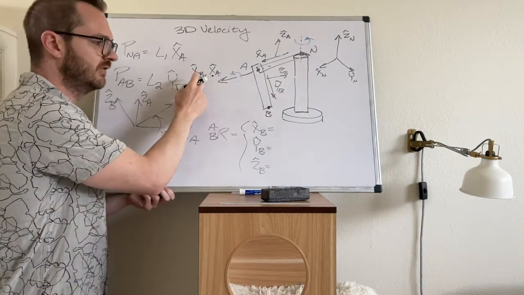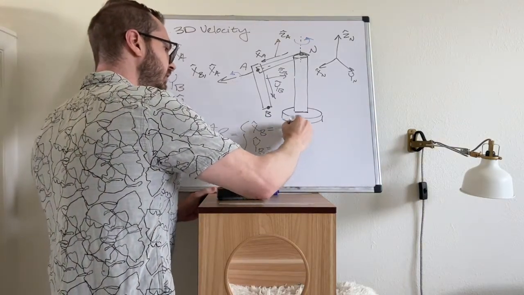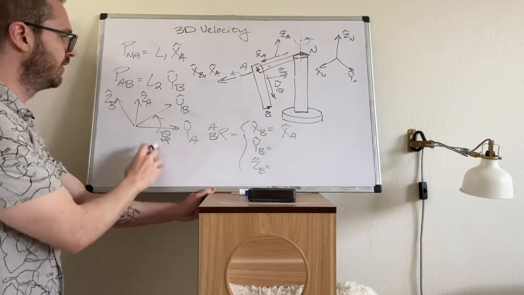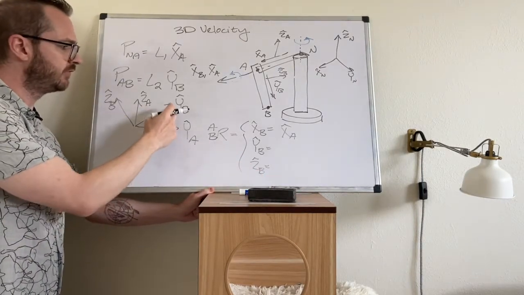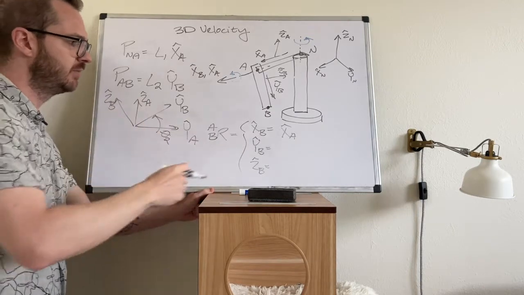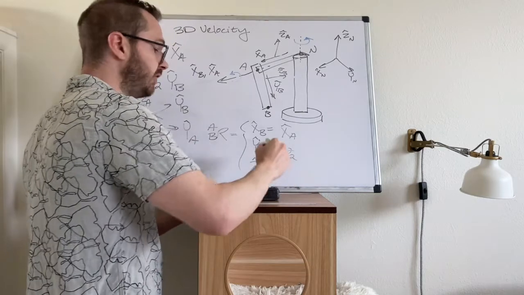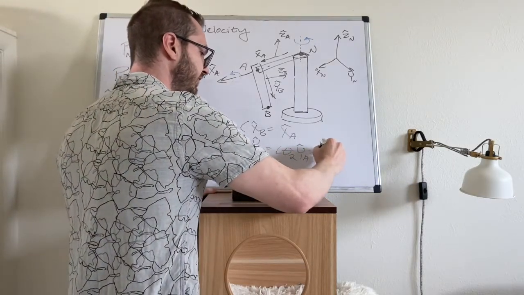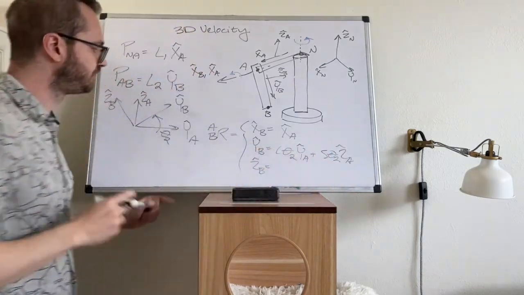The shared axis is X, so XB equals XA. Next, YB is the location where X usually is, so it's cosine between the Y's and sine between the Z's. We're dealing with theta 2 now: cosine theta 2 YA plus sine theta 2 ZA.